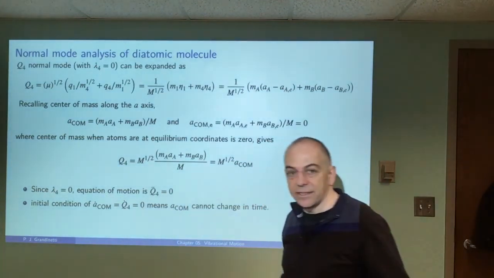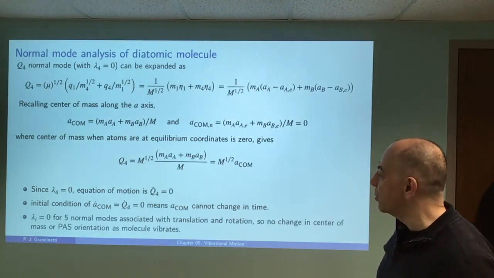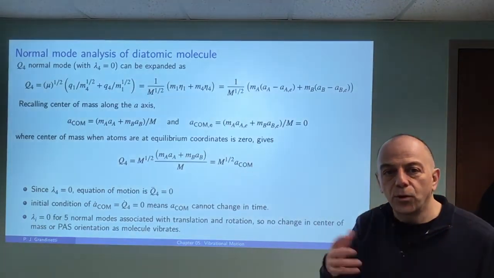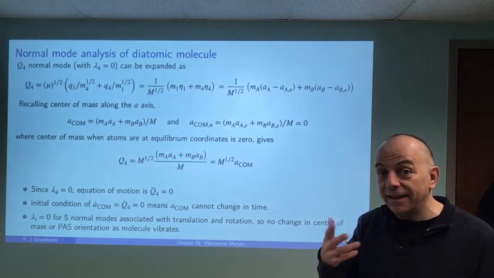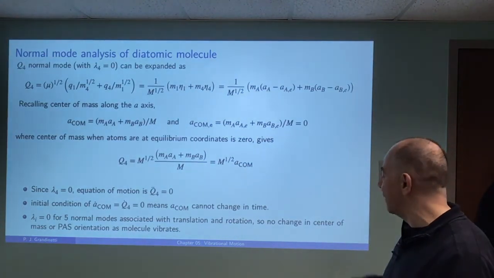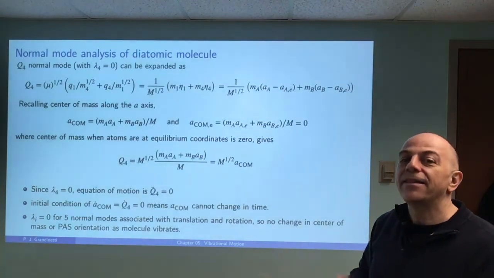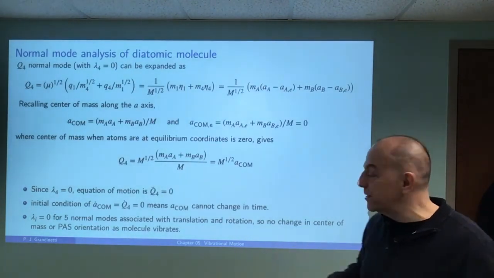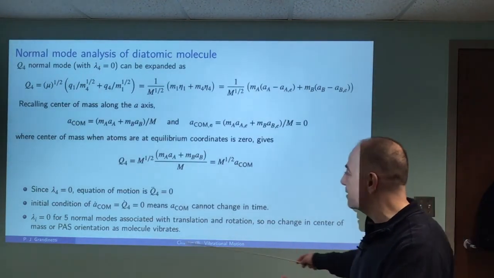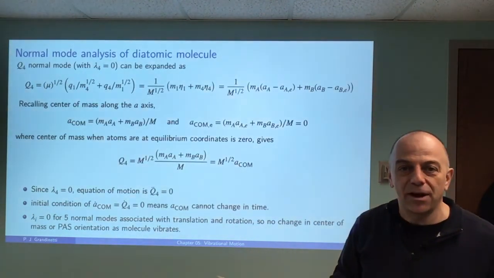Obviously, it can't change because the eigenvalue is 0. So for all of those normal mode coordinates that had lambda equal to 0, the ones associated with rotation and translation, that means that while the molecule vibrates, there's no change in the center of mass or the orientation of the molecule.